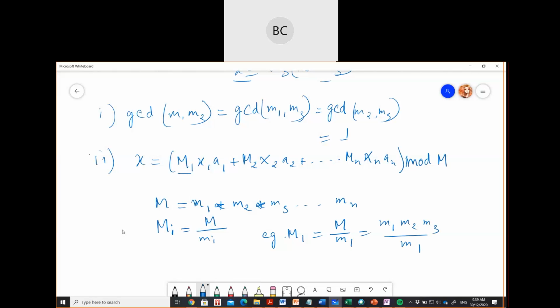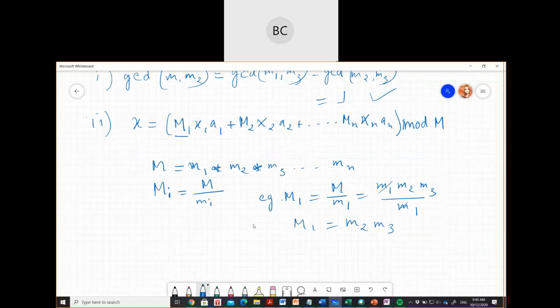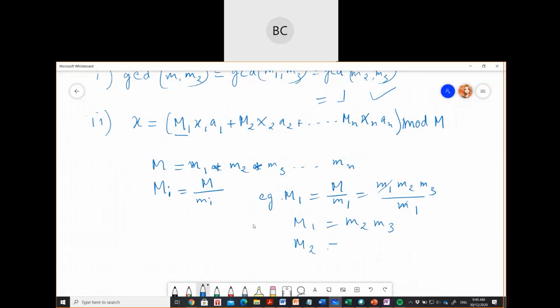Similarly M2 will be m1 m3 and M3 will be m1 and m2.